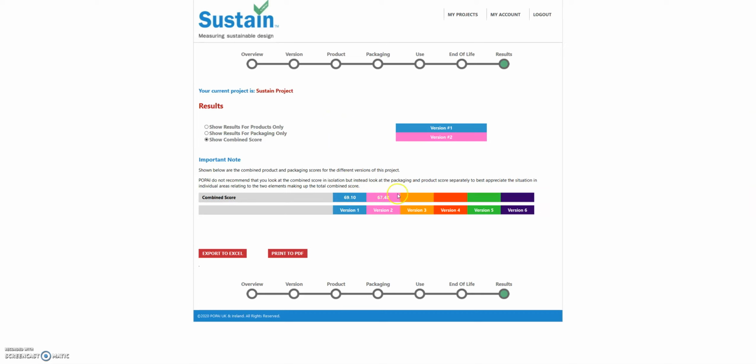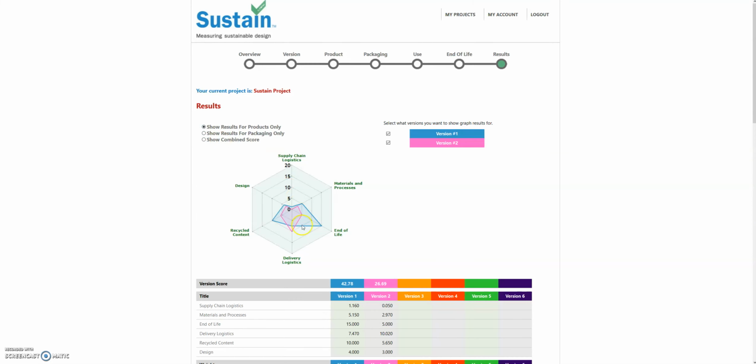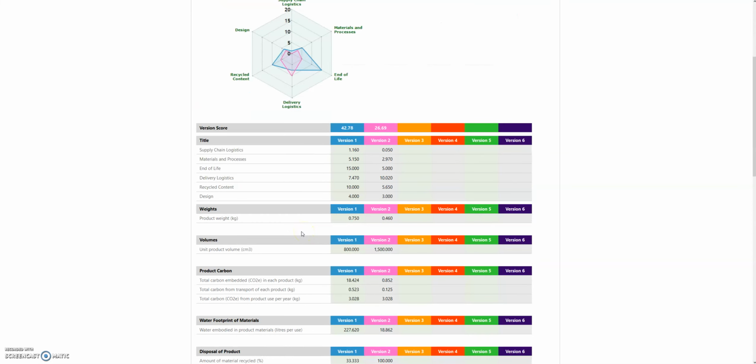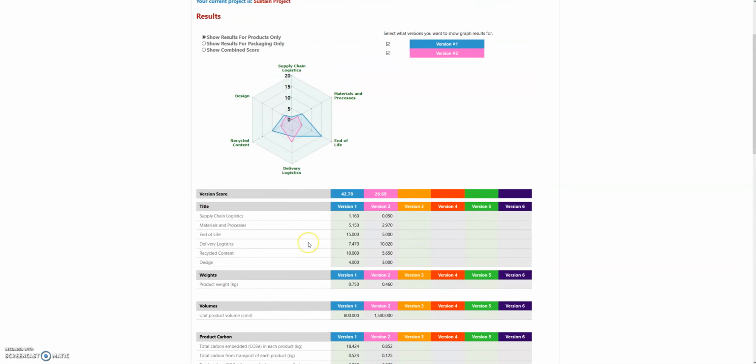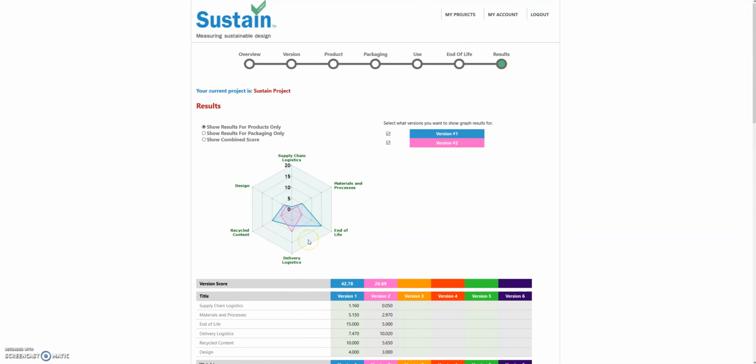And as we can see, again, version 2 comes out slightly better because it's got a slightly lower score. So again, there's a note here that explains how we look at this, and we would always recommend looking at the product and packaging results separately, because these just give a lot more detail and a lot more insight into where the results actually come from, how they were generated. So that's how to interpret the results in the Sustain tool.